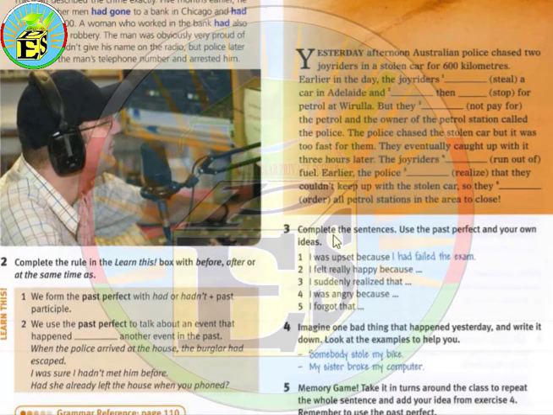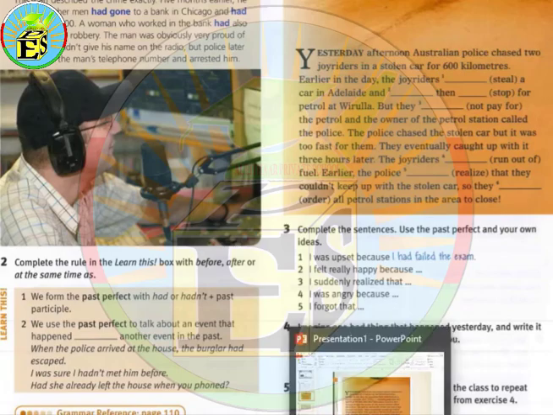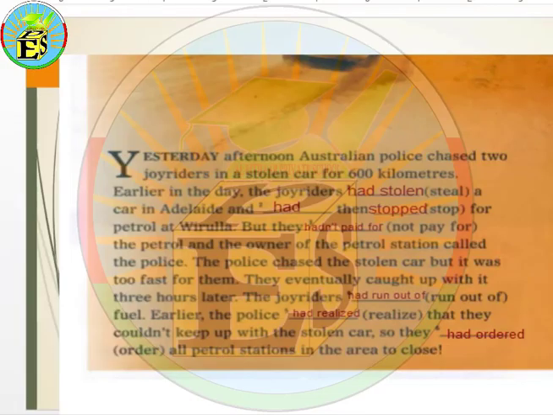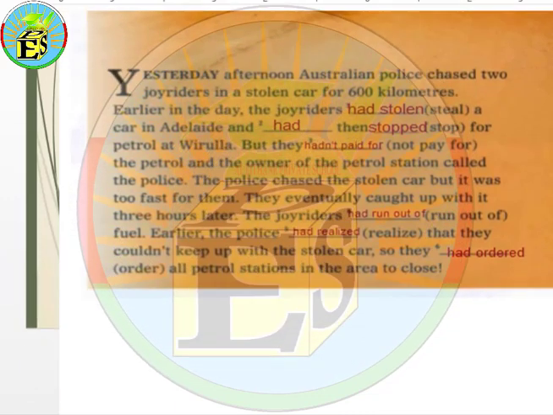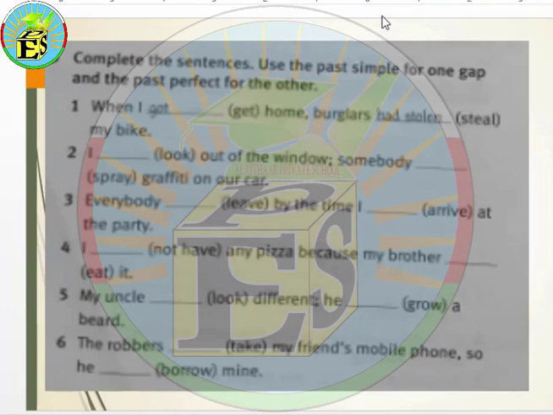Exercise 3. Complete the sentences. Use the past perfect and your own ideas. So it will be the same. You will answer it yourselves in your notebooks. Okay. Now please, I want you to open your workbooks, page 70. Exercise 3. Complete the sentences.